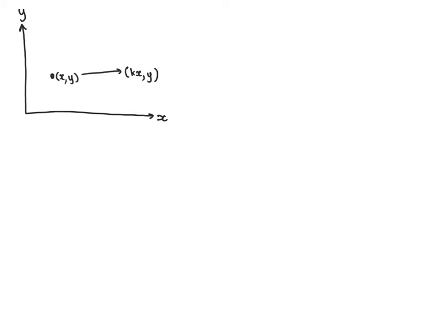So when we transform, we're going to transform the unit vectors, 1 comma 0 and 0 comma 1, according to the rules of the transformation. The rule says x, y will get transformed into kx, y.